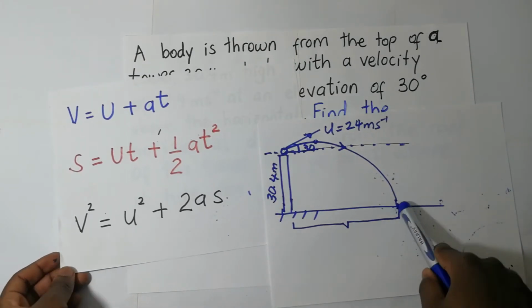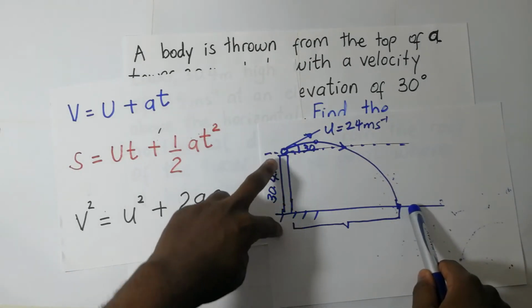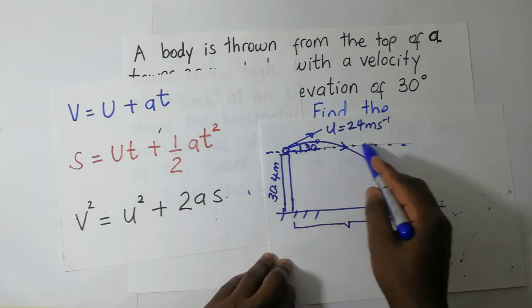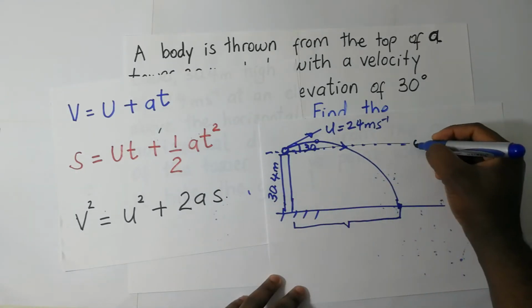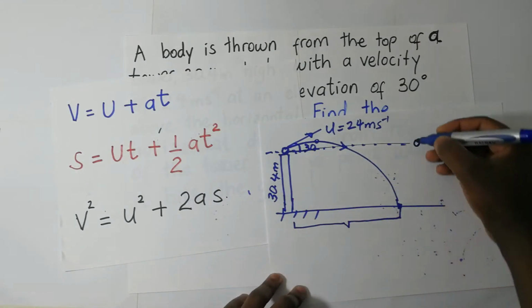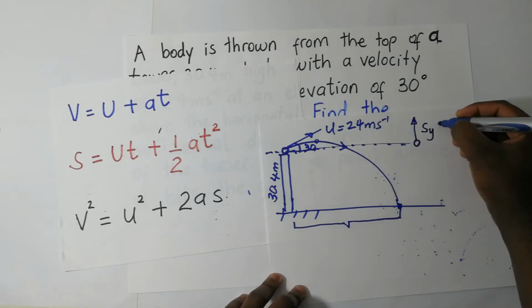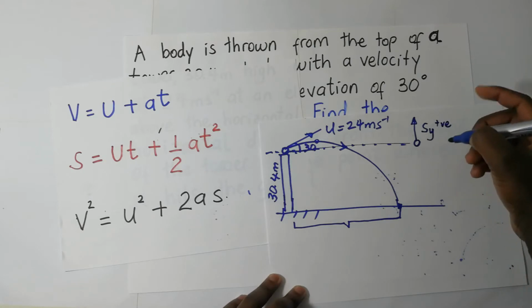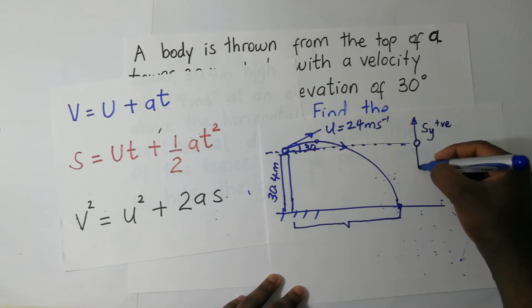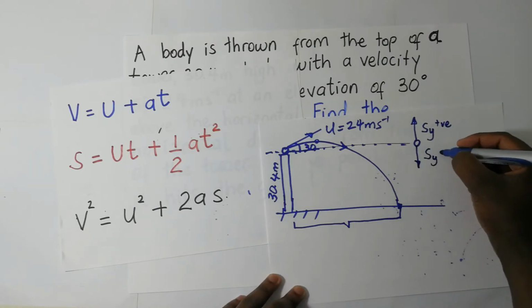But then at the horizontal distance, from the point of projection, we know that this point here is like our ground zero. If I'm displaced up, my displacement up will be a positive one. My displacement downwards is going to be a negative one.